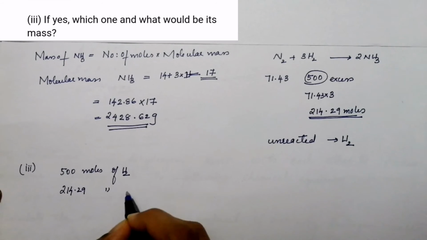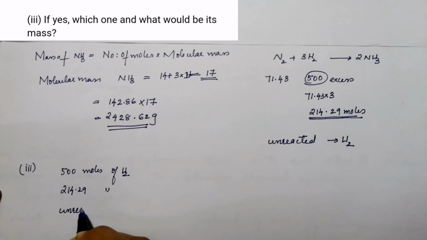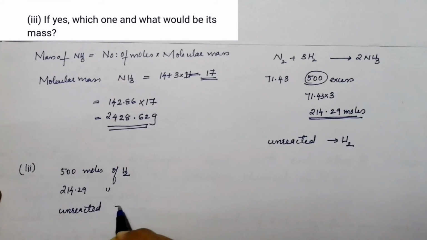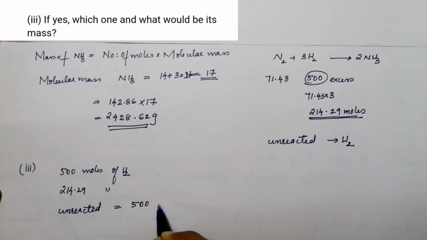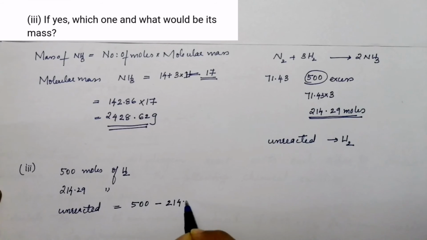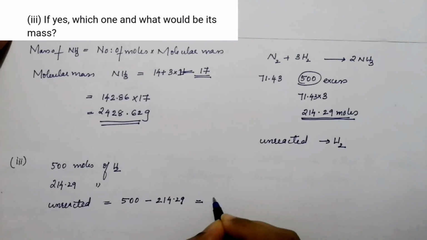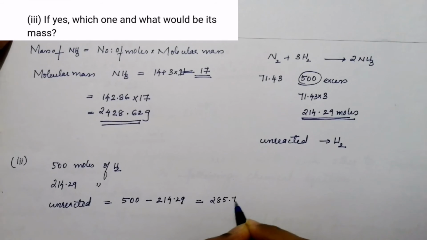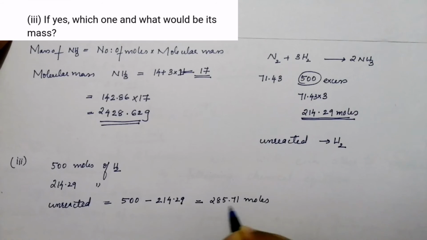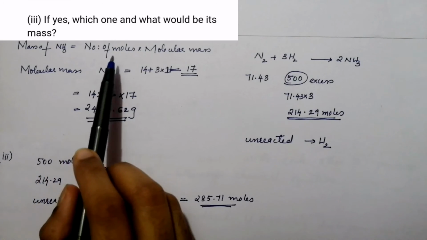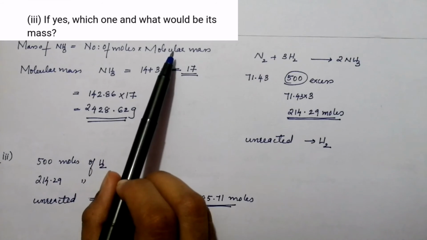So to find the amount that is unreacted, all we have to do is subtract this 214.29 from this 500. So we get the amount of unreacted hydrogen, that is 285.71 moles.